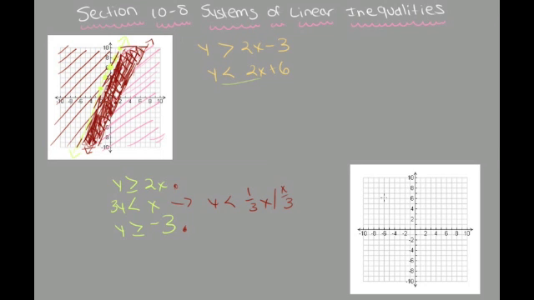So let's graph each one. y is greater than or equal to 2x. The intercept would be 0, because it's the same thing as y is greater than or equal to 2x plus 0. Then 2 over 1, repeated up the line.